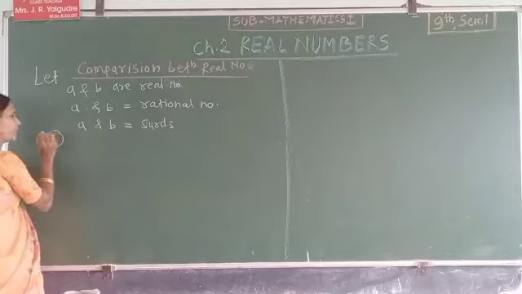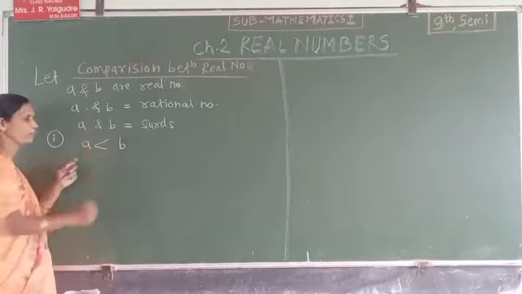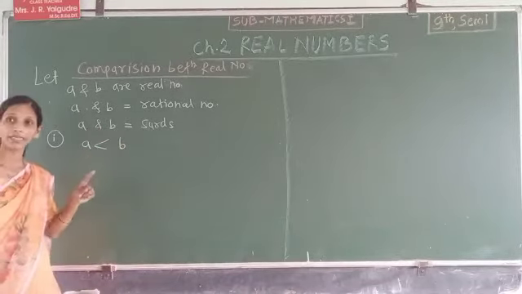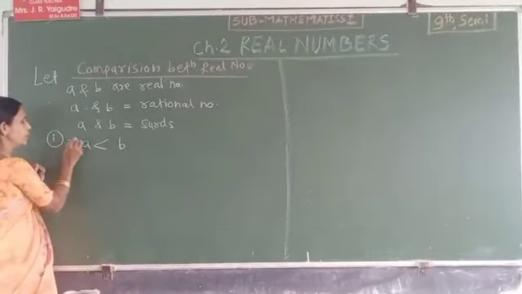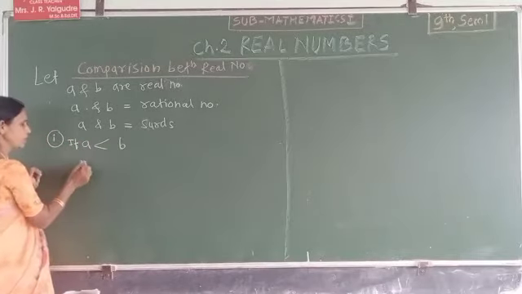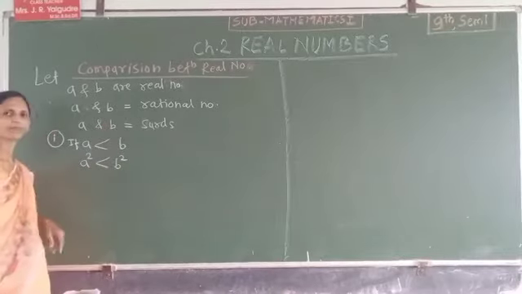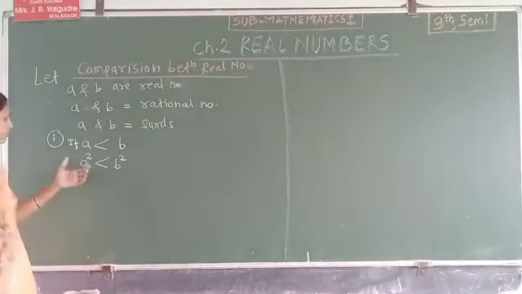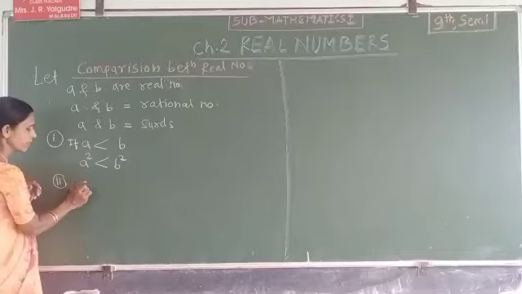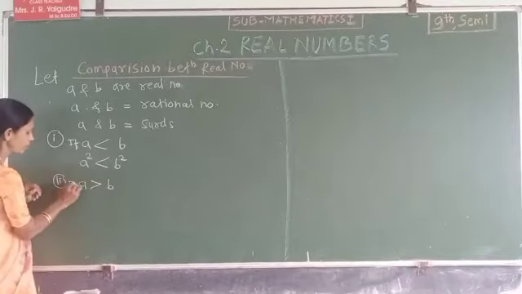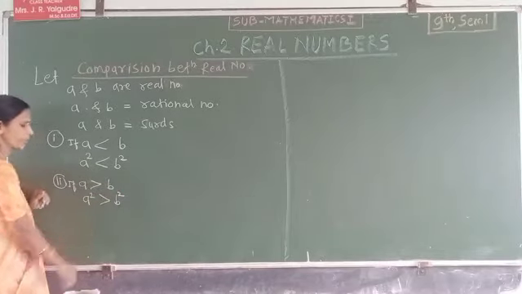The first possibility is that A is less than B. Then we can write A square is less than B square. The second possibility is that A is greater than B, then A square is greater than B square.